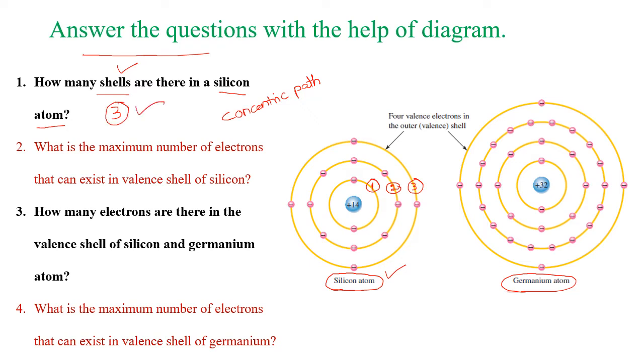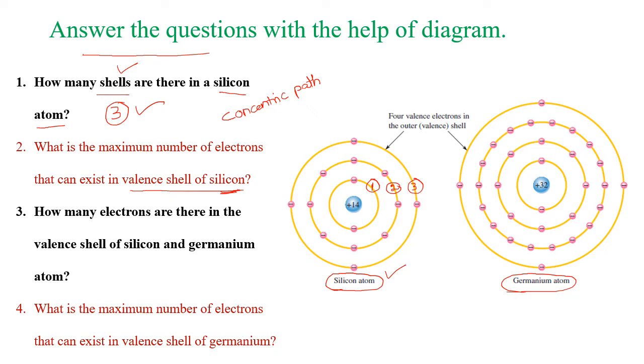Then let's move to the second question. What is the maximum number of electrons that can exist in the valence shell of silicon? This is also with respect to the silicon atom. So what is the valence shell?